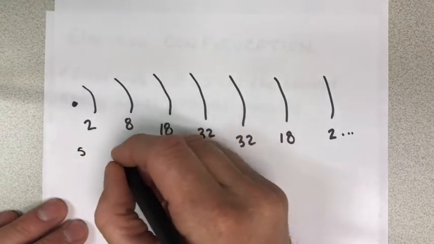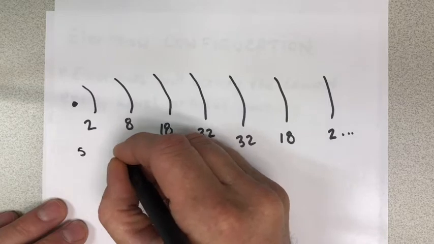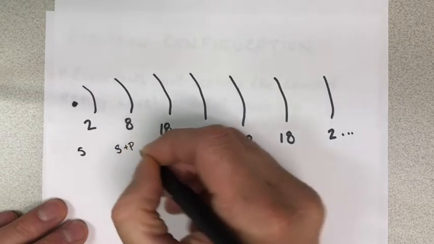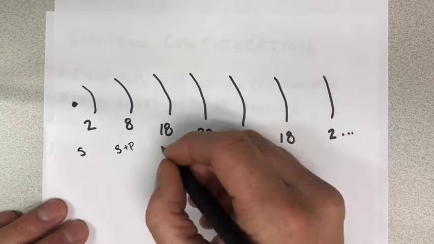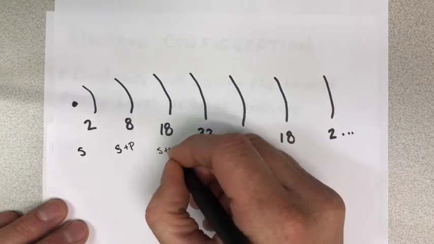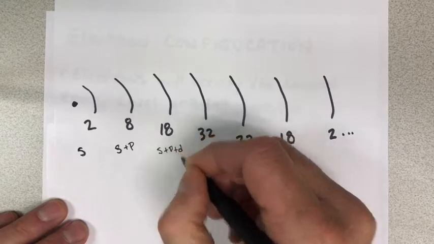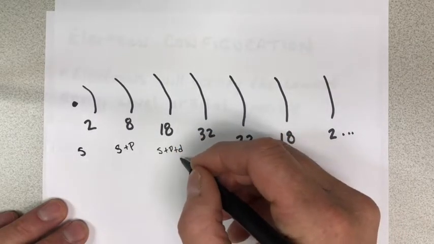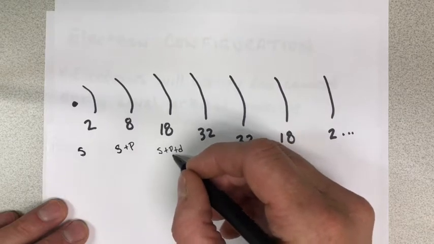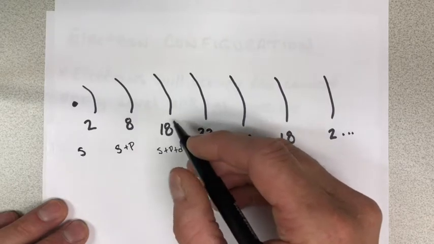The second energy level is comprised of S and P sublevels. When you see P, think 6. The third energy level is S, P, and D sublevels, okay? And so when you think D, please think 10. So we have 2 plus 6 plus 10, that's what gives us 18.